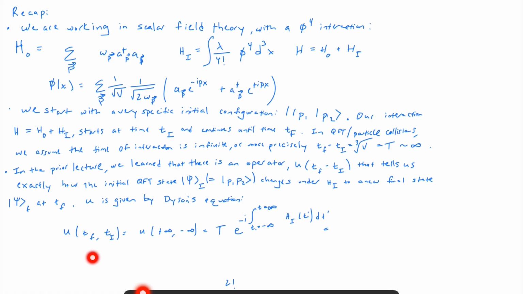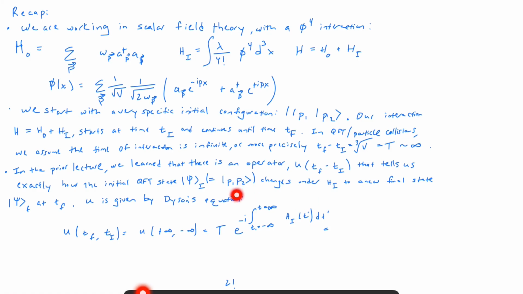U of T sub F comma T sub I is equal to U, and then T sub F and T sub I, you can just assume they're plus infinity, minus infinity, or something similar to that. Remember, infinities are something we use somewhat liberally here. Dyson's equation says that this operator is the exponential function, E to the minus i integral from Ti to Tf of this interaction Hamiltonian, H sub I, evaluated at T prime, dt prime.